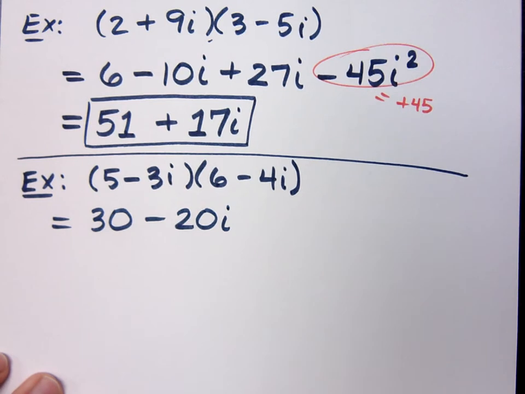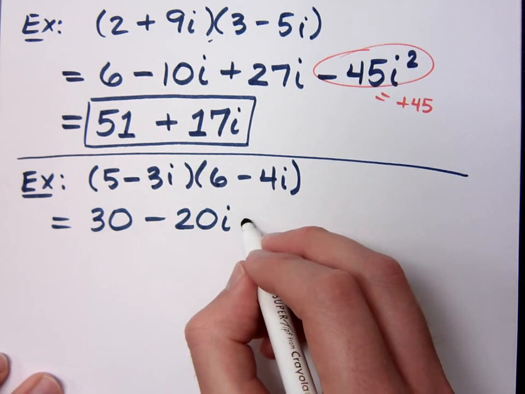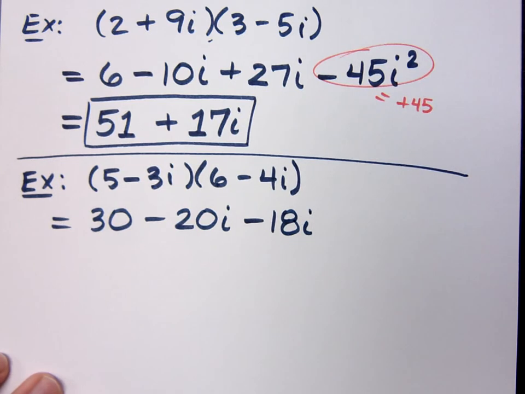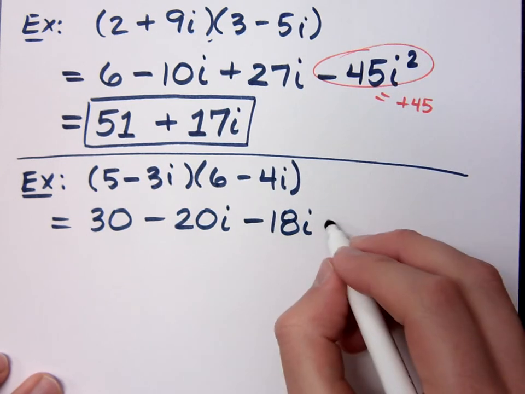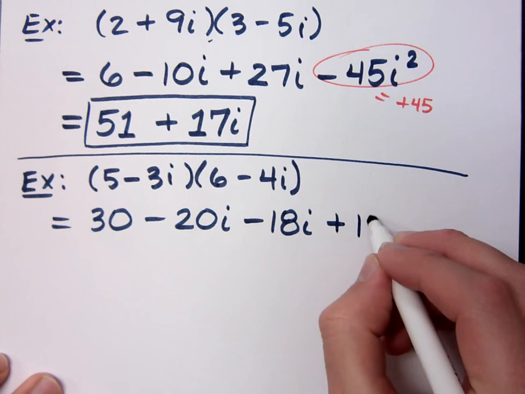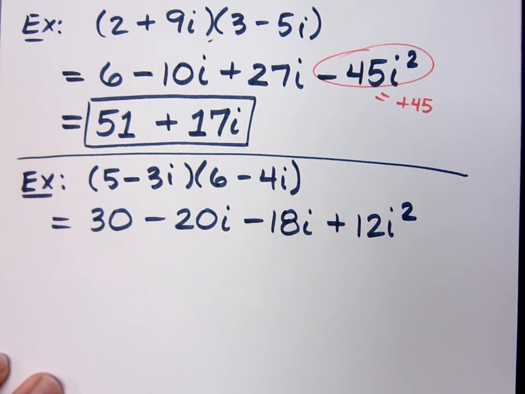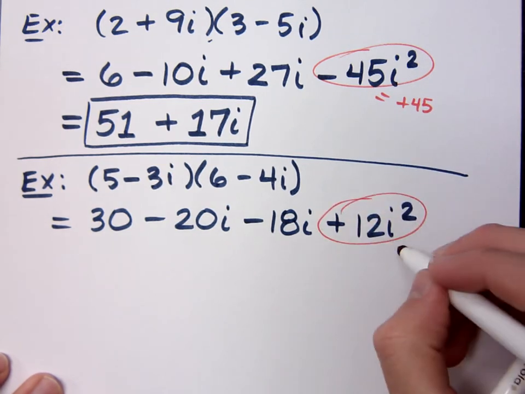What's inside? Minus 18i. What's the last terms? 12i squared. I see an i squared, and what do I do with this guy? Make it a negative. That equals negative 12, right?